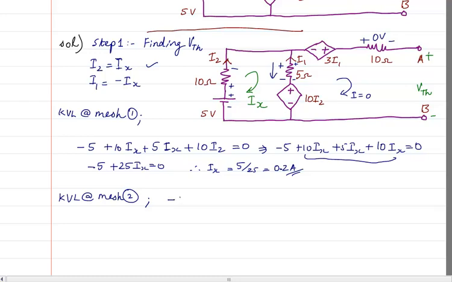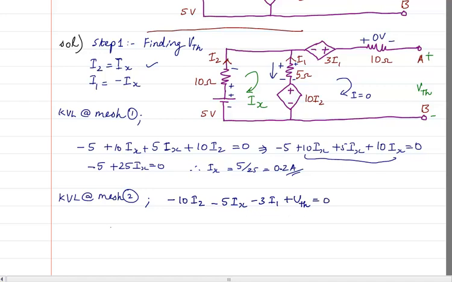Okay. So now when I write the KVL, I will be writing from the back of the bogie. Let me write minus 10 I2, then minus 5 Ix, then minus 3 I1, minus 3 I1, plus 0, which I am not going to write, plus VTH is equal to 0.